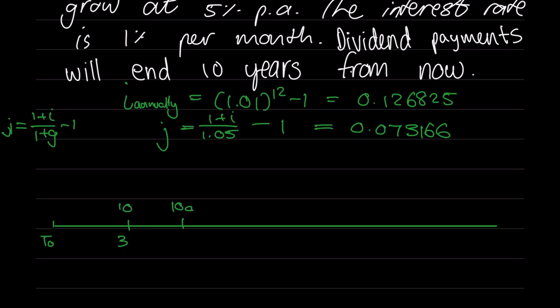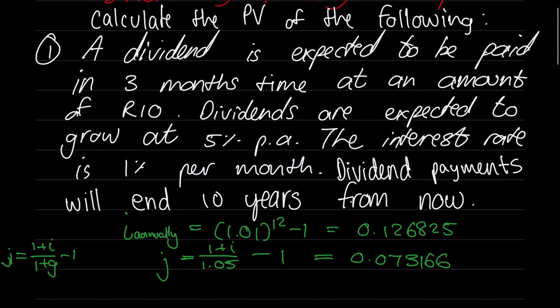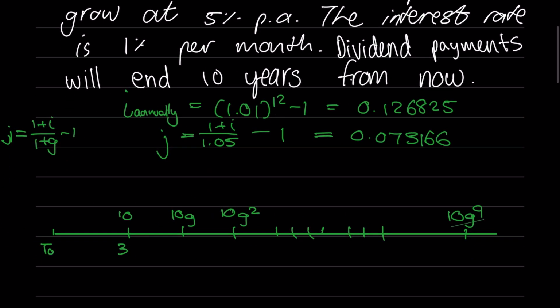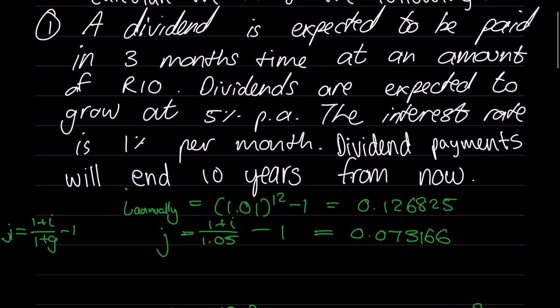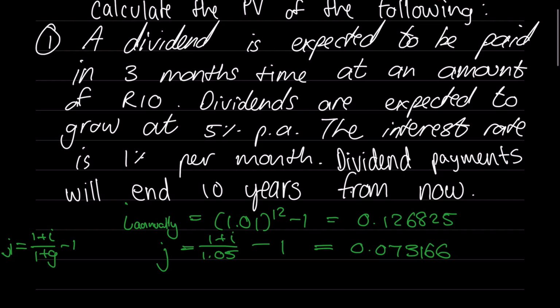So 10 times our growth, 10 times our growth squared, and we have 10 payments. Our last payment is going to be 10 times growth to the 9, because our first payment, which is in 3 months, is 10, and they mentioned that it ends in 10 years. So after 10 years from right now, we would have received 10 payments.